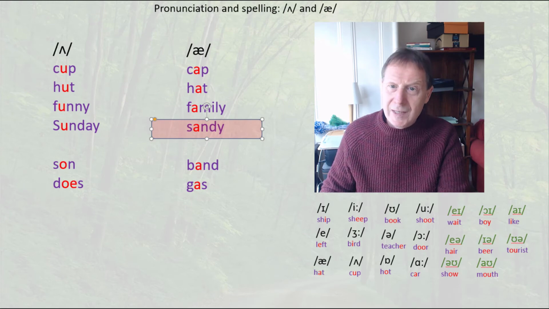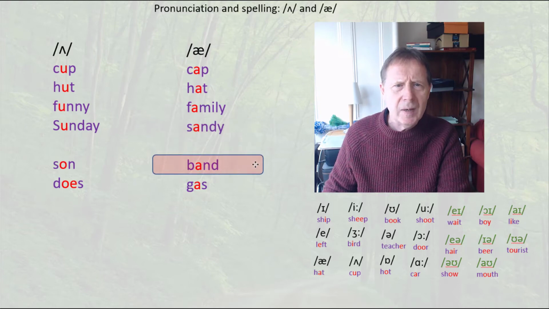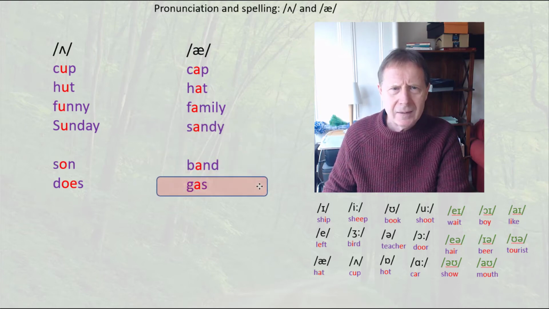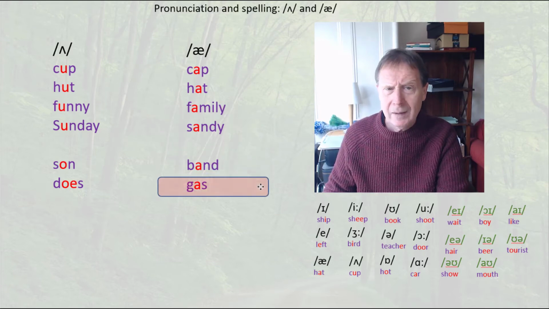So this one is easy to remember because the spelling is always A, the letter A. Two more examples, band, gas. So you can see for all of these there is only one spelling, the letter A.